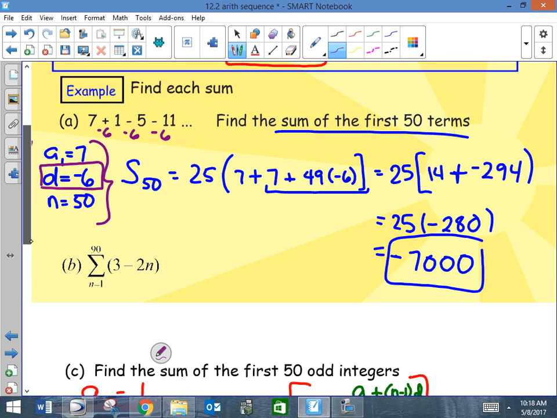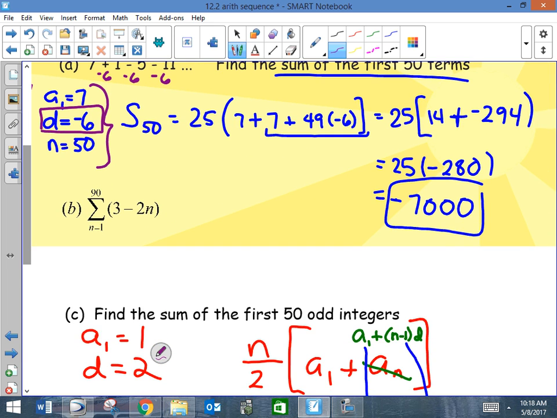Now, this one right here, if you have a summation function on your calculator, your best bet is just to throw that in there. The only problem would be if you can't remember where it is. So first of all, you would say n equals 1.